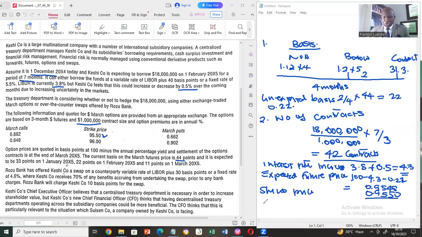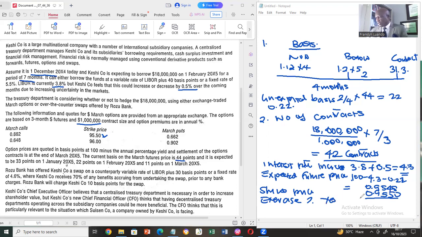So the question is, should we exercise? Remember, we are selling. Should we sell at the expected futures price, 95.48, or should we sell at the strike price, 95.5? The strike price is higher. So yes, we should exercise.